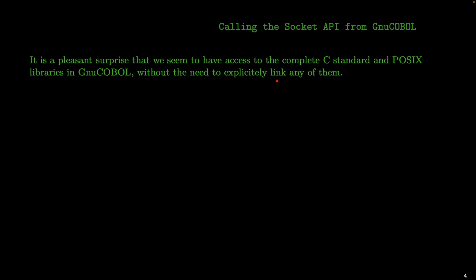That's very nice. And I'm not sure if this is just a macOS thing, because all the libraries are bundled in the shared dynamic library cache. I haven't tried it out on Linux, but at least on macOS it works very smoothly, and we don't have to do anything in addition to get access to the POSIX system calls from GnuCOBOL.